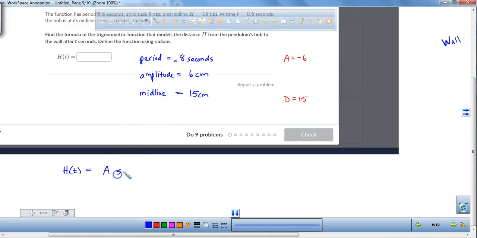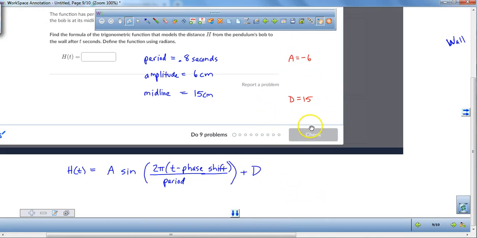We're dealing with a sine graph, so I'm going to put sine. I'm going to open up a parentheses. I'm going to put 2 pi over the period. Then over here I'm going to put t minus the phase shift. Close the parentheses, plus the d value, which is our midline.